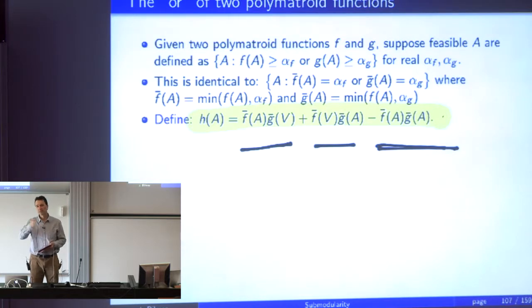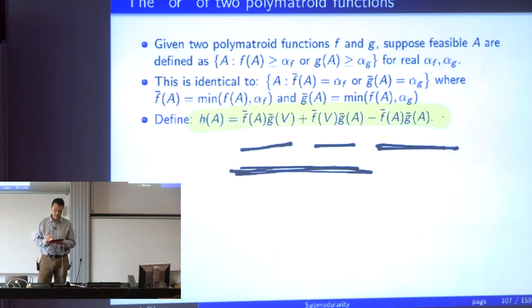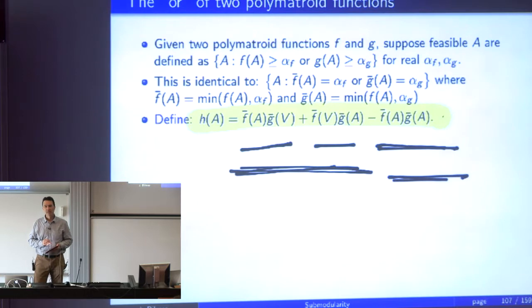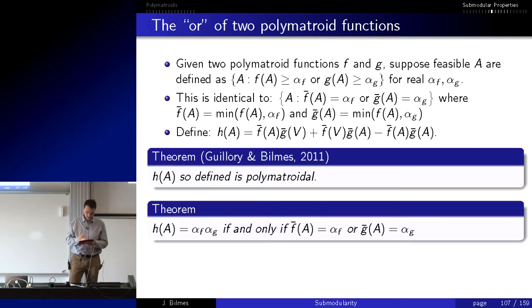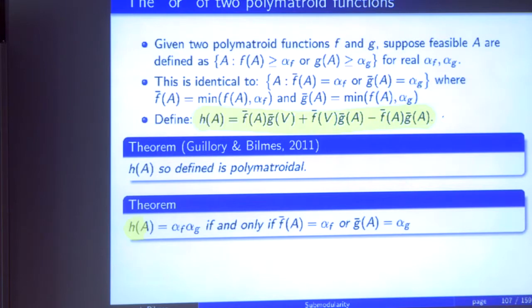Like if you take a difference of two submodular functions, that's not submodular. But in this particular case, because you're adding this stuff and then subtracting the product, this, on the one hand, not only preserves submodularity, but on the other hand, it actually has the property that this new function, h, is equal to the product if and only if these two truncations are equal to the original coefficients.